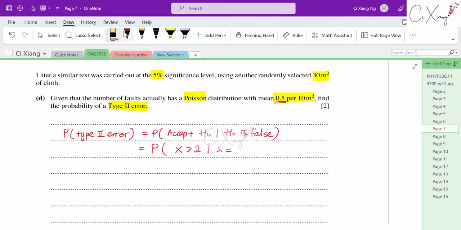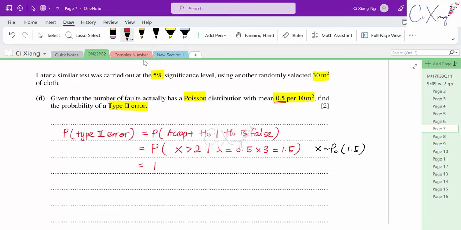It should be 0.5 times 3, so lambda equals 1.5. Which means that currently you are having the new Poisson distribution with lambda 1.5. And now we want to calculate the probability that x is greater than 2 for this lambda.